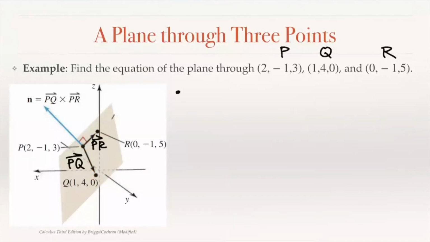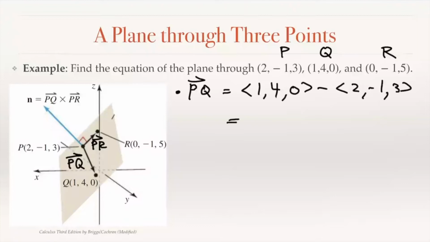Okay, so let's find these two vectors. So PQ, that is 1, 4, 0 minus 2, minus 1, 3, which is minus 1, 5, minus 3.